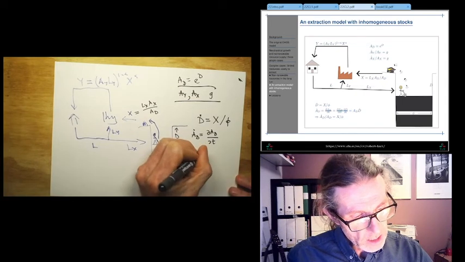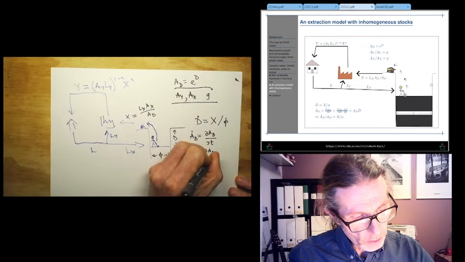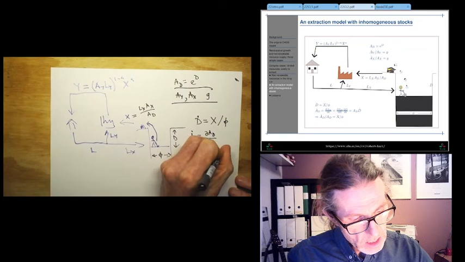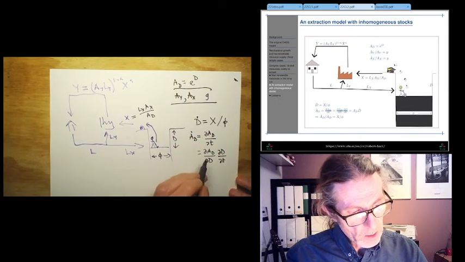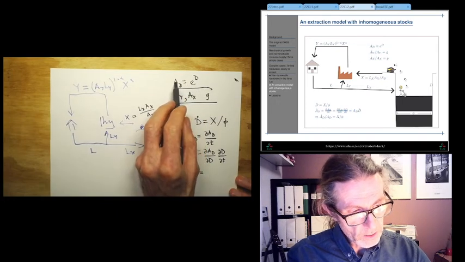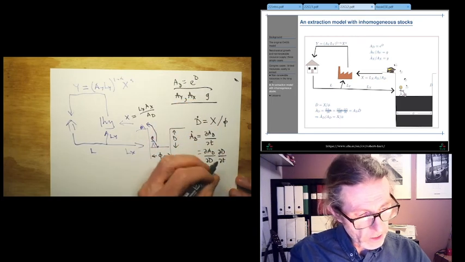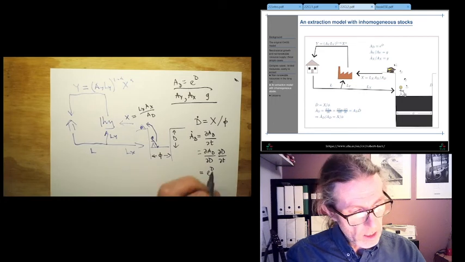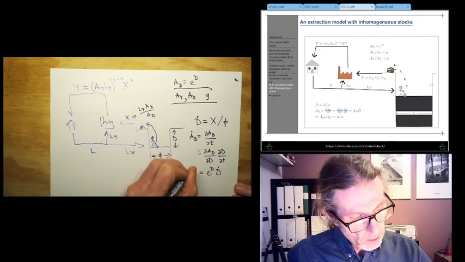But dAD by dt is, by a form of the chain rule, dAD by dD times dD by dt. dAD by dD is just the differential of this. AD is e to the D, and if you know how to differentiate an exponential, you know that dAD by dD is e to the D. dD by dt is just D dot.